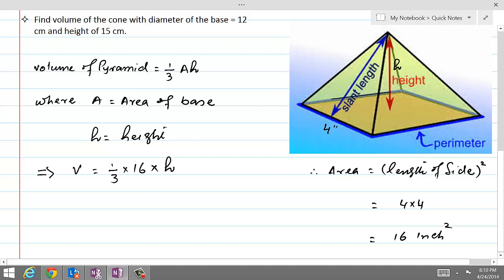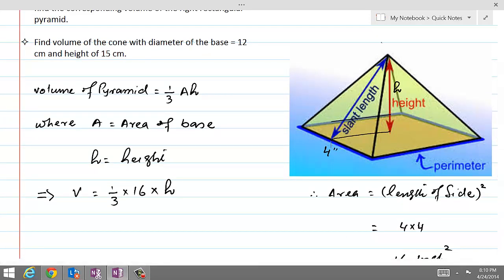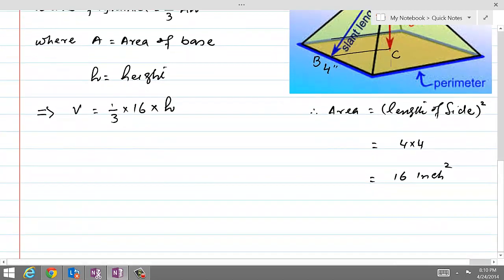We can find out what the height is by drawing this triangle and naming it A, B, and C. Let's name this equation 1.